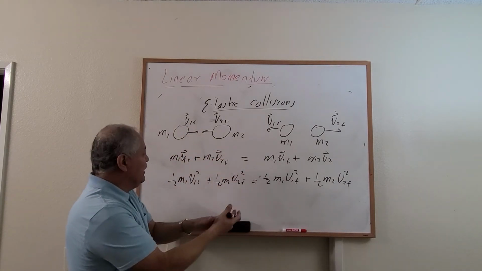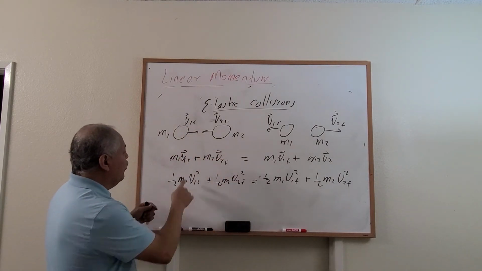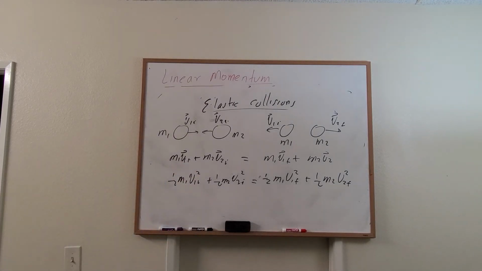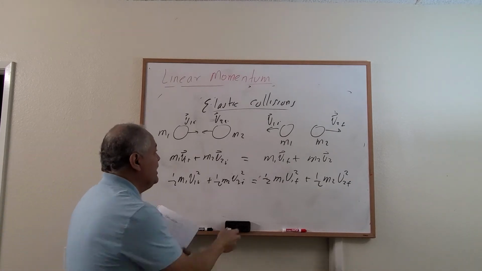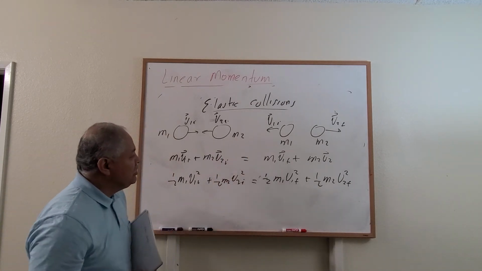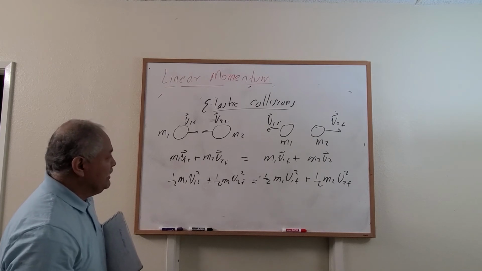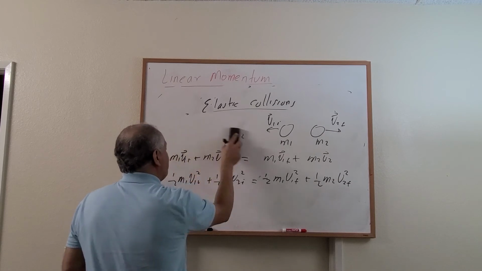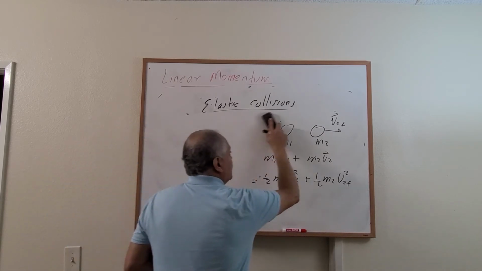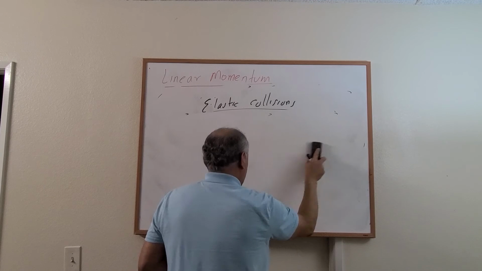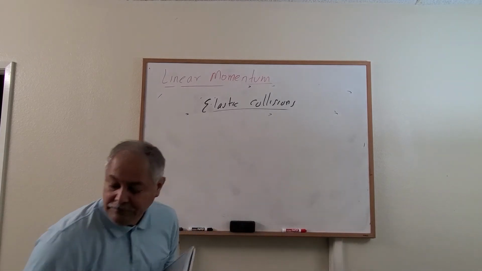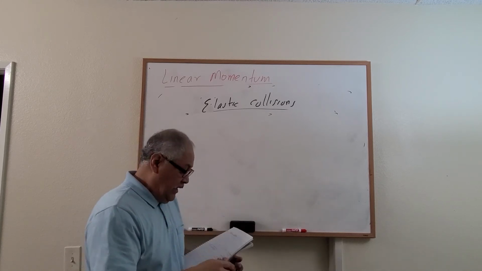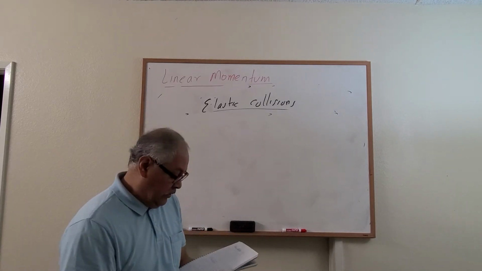You can solve for one quantity from one equation and apply it in the other, and at the end you will find these two equations for elastic collisions. Let's do it. The first one is to find the final velocities once we know the initial velocities.